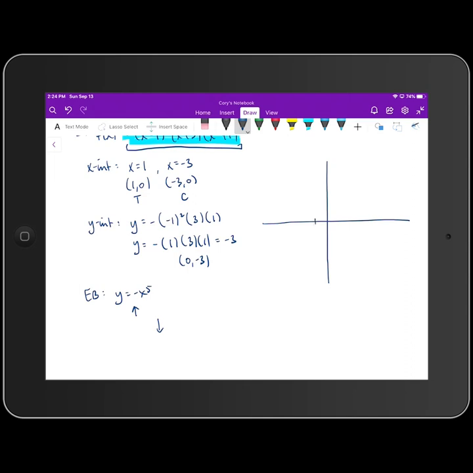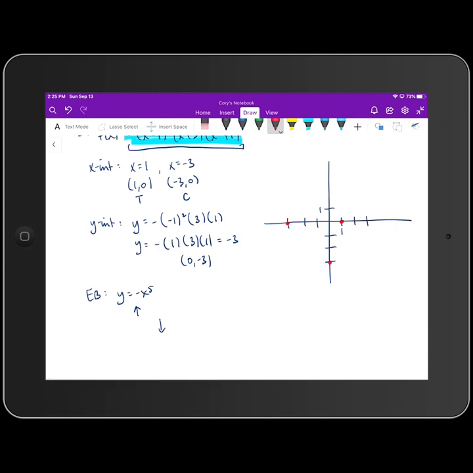We have x-intercepts at (1, 0), which is right there. We have another one at (-3, 0), which is right here. We have our y-intercept at (0, -3), which is down here. And then we have the end behavior of our function, which is looking like this and this.